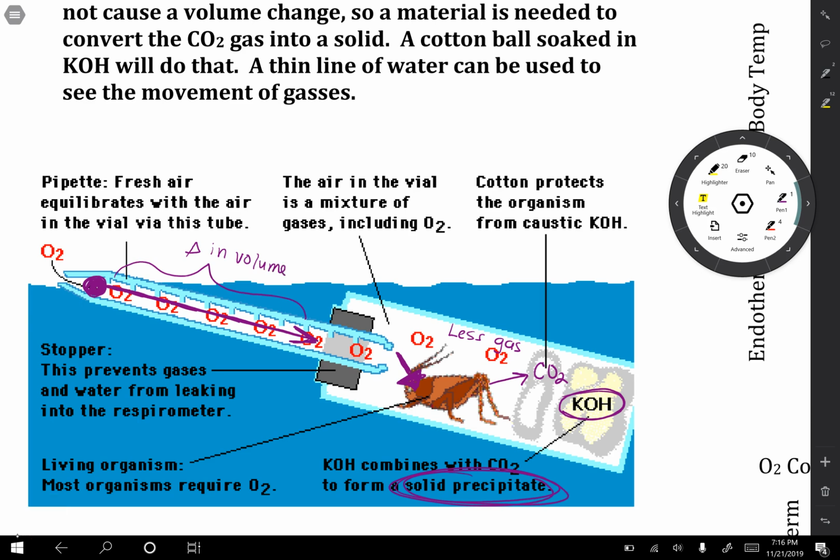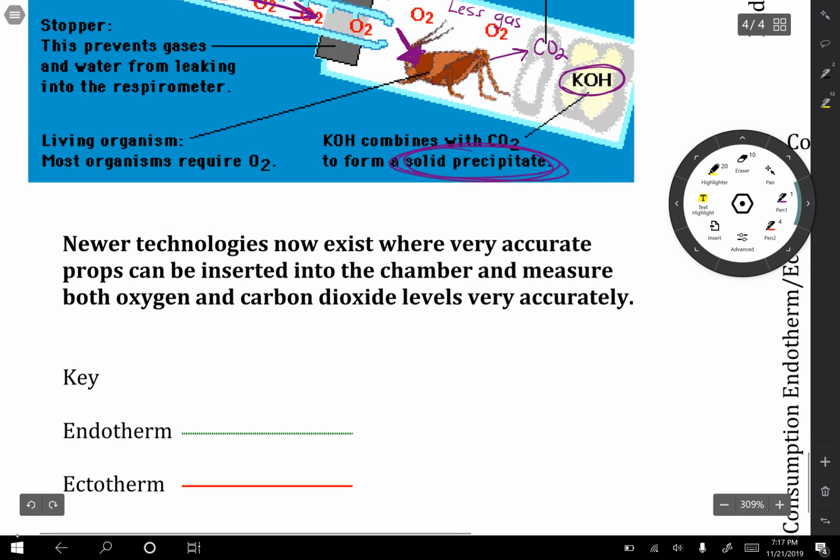So you were able to measure oxygen consumption. And the more crickets you put in there, the more oxygen they consume. The bigger the animal, like a mouse or a chipmunk, the more oxygen was consumed. This was a really nice way to actually see it happen. And then they started to change the temperatures, and before you know it, here's what they found out.